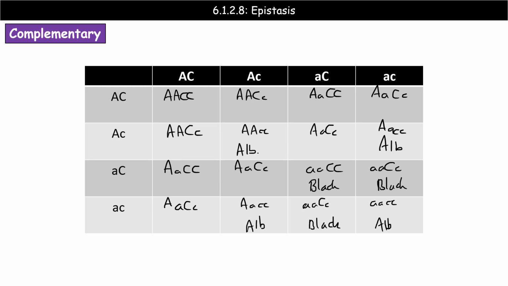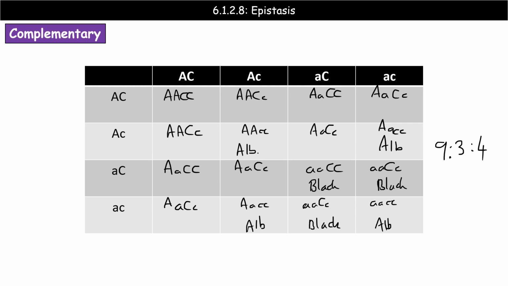Now I'm not going to sit and write them all in because we don't need to watch me do that, but because everything else would be agouti, if you're doing this as an exam question, please write in what they are. What we can then do is work out our ratio. In terms of our agouti, we've got 4 on the top, 5, 6, 7, 8, 9. So we've got 9 agouti to 3 of our black mice to 4 of the white mice, the albinos. So again, we've got this modified ratio of the 9-3-3-1 dihybrid.